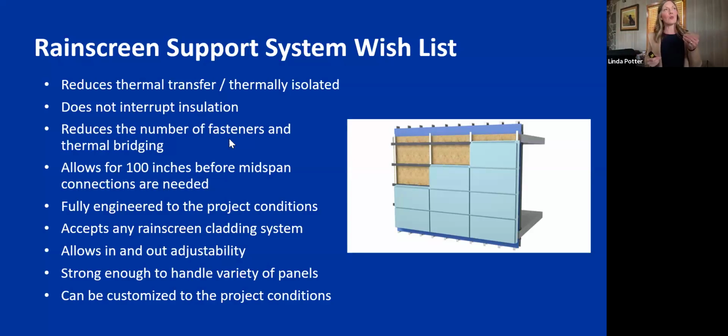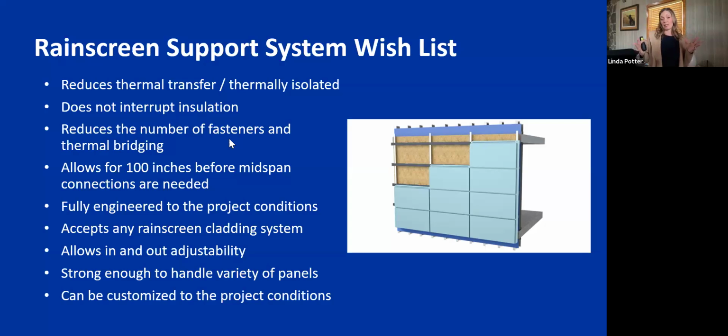I don't want to lead you on to say that that's true in every case. Your panel dictates whether or not, but there are panels out there that can span 100 inches before you need connections, which does really well in terms of reducing the number of connections or penetrations.